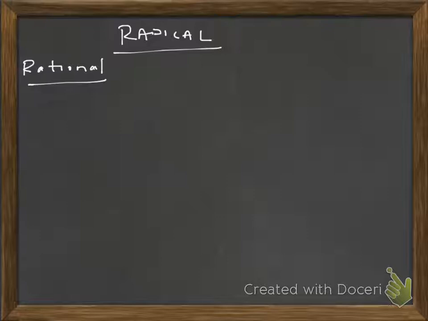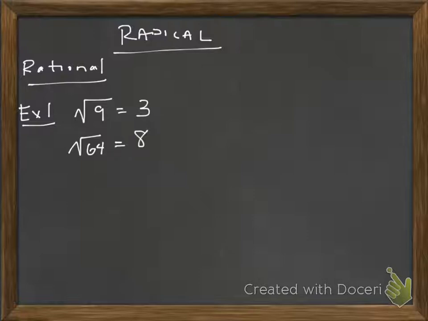All right, the first thing we're going to talk about when we talk about rational is the basic, very simple radicals. That means something like this: square root of 9 is equal to 3. Square root of 64 is equal to 8.